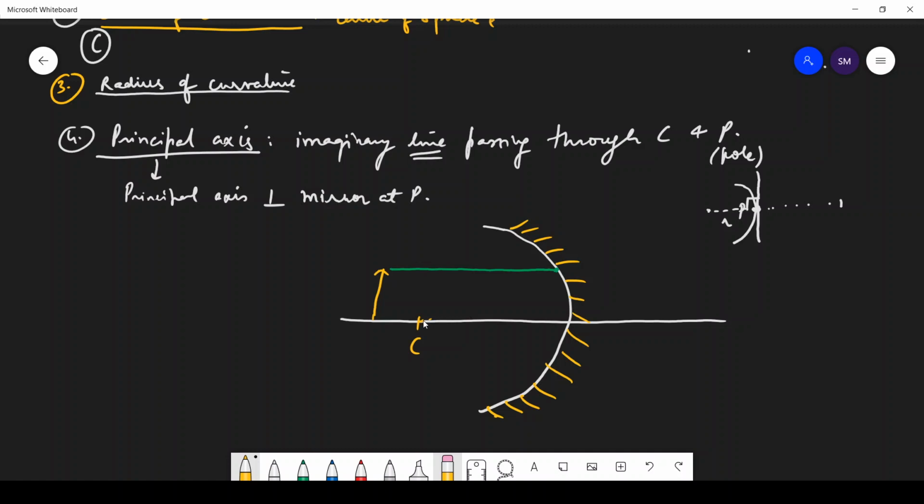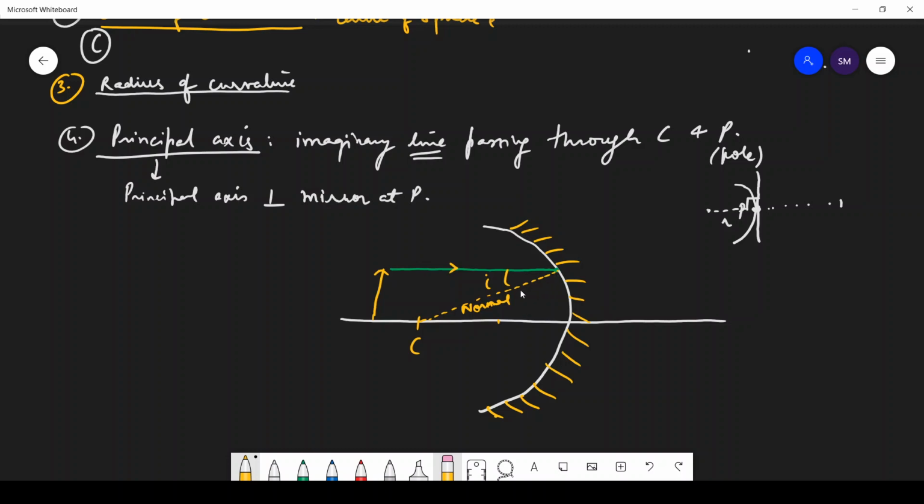Simply joining this center of curvature with this point gives your angle of incidence, because the angle of incidence is measured from the normal. So this is your normal, this is also your radius of curvature, and this was your incident ray. So the incident ray and normal make the angle of incidence.